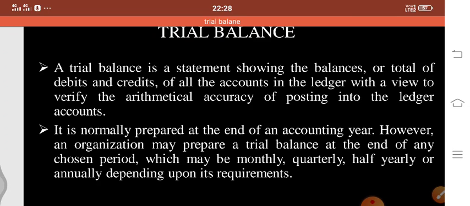So, generally, it is prepared at the end of every year. But there are some organizations which want to know the quarterly profits, that is the profit earned by an organization in one quarter or in a half year. So they prepare it quarterly, half yearly, or sometimes even on a monthly basis.